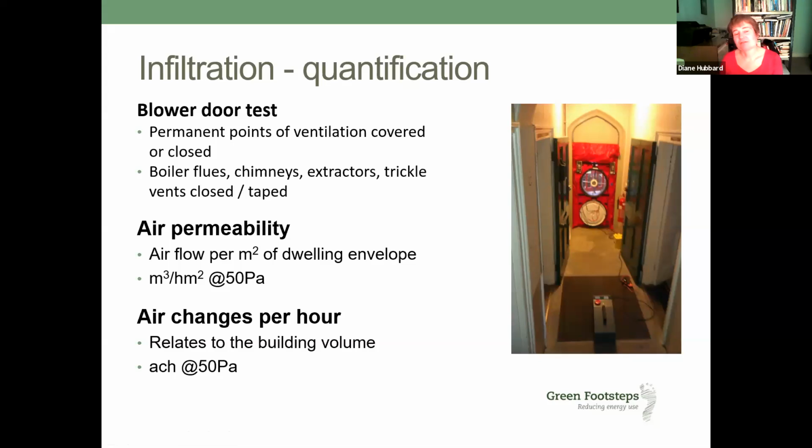So I've already touched on the fact that we use a blower door test, and the whole point of the blower door test is to measure what the fabric itself is actually like. So when a blower door test takes place on a building, deliberate points of ventilation are covered over. So they're in effect excluded from the test. Now you can argue, well, is that really the right thing to do? Because we're not getting a complete picture there.